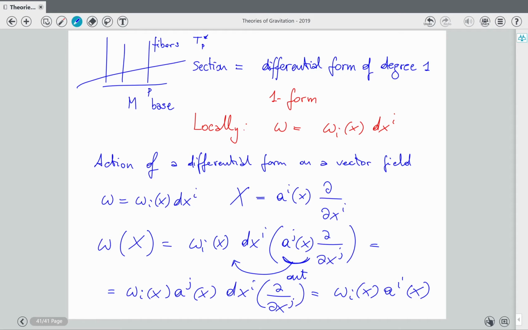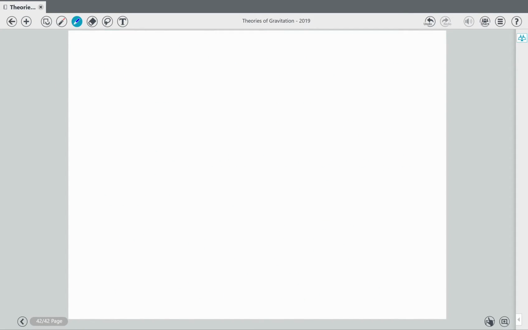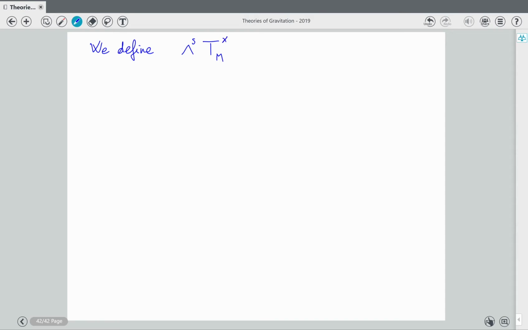Now we can define differential forms of arbitrary degree. So we can say that a function defined on the manifold is a differential form of degree 0, of course. We define wedge. This symbol is not a lambda, it is a wedge, to the power s of TM star.